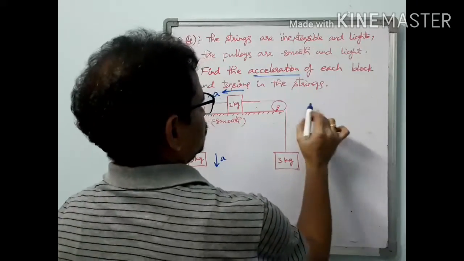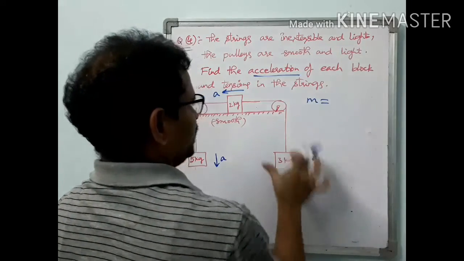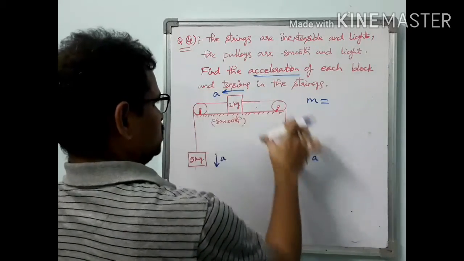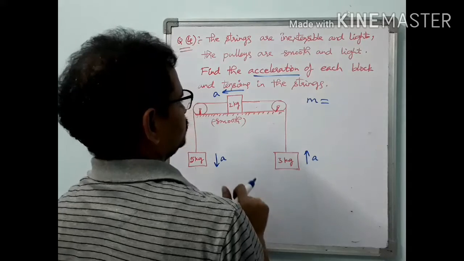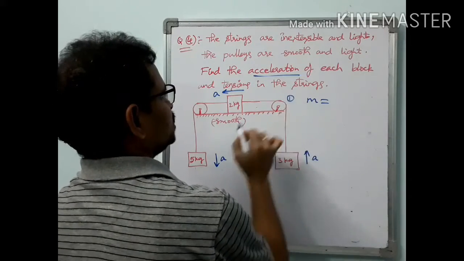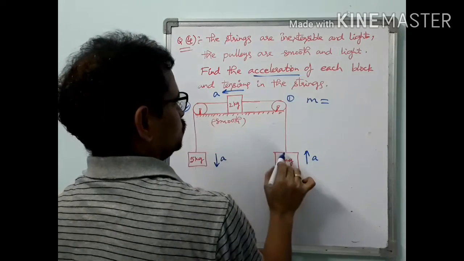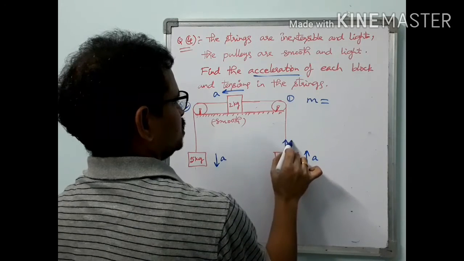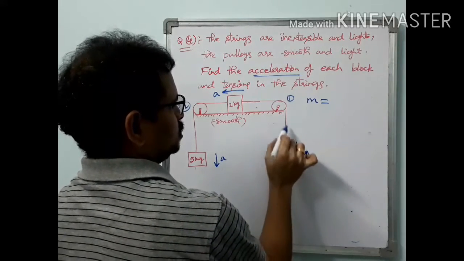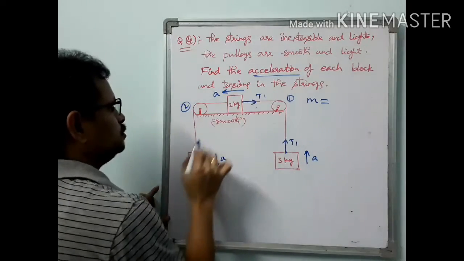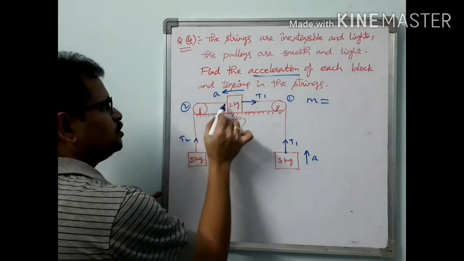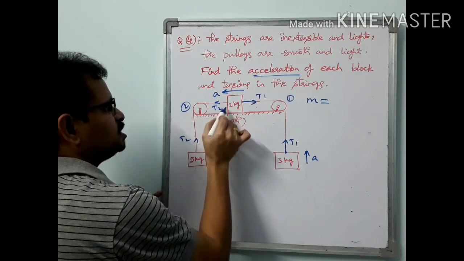Now what is the total mass here? I am taking all these blocks and strings as a single system. Let this be pulley system 1, and let this be pulley system 2. So here the tension force is T1. This is one rope, so the tension force is T1 here, and T1 here. This is rope 2. Here the tension force is T2, on this block the tension force is T2.